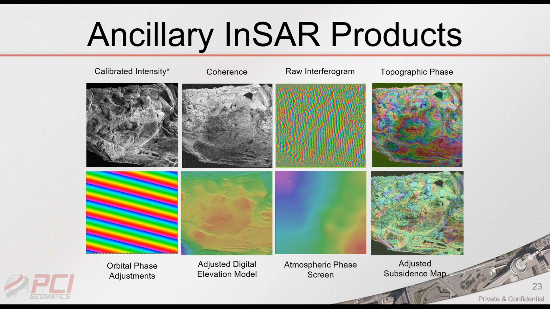We can correct in the bottom row there, now looking at orbital phase adjustment. So as a sensor could drift within millimeters while moving at many kilometers per second through space, we're able to correct for those small changes. And from there, being able to account for those errors, produce an adjusted DEM.